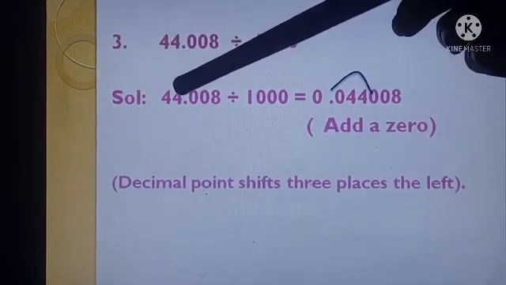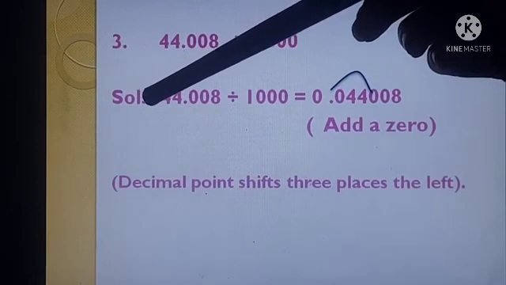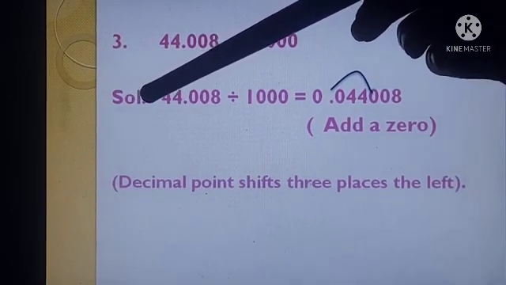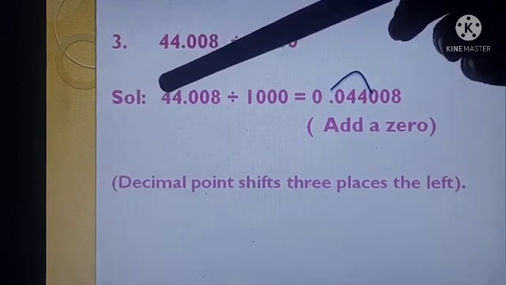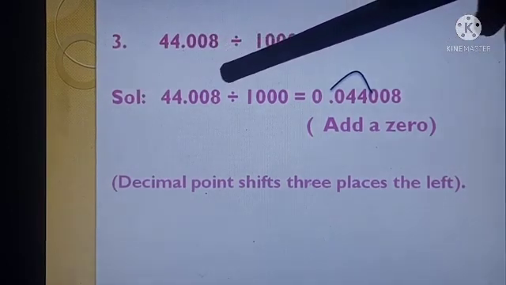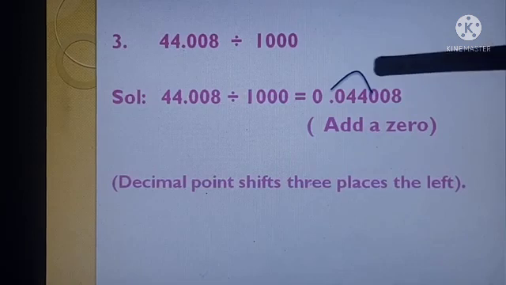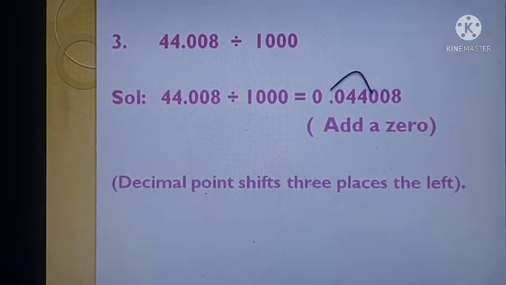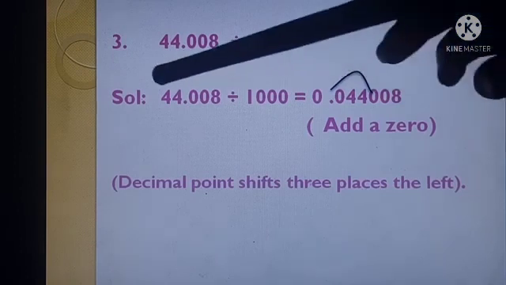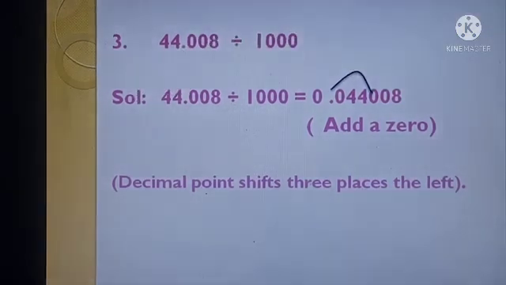So 1 and 2, and on the third place no digit is here, so we will write 0 and then the decimal. So it will become 0.044008. We have to add a 0 before 4, so that we can shift the decimal up to 3 places, right?